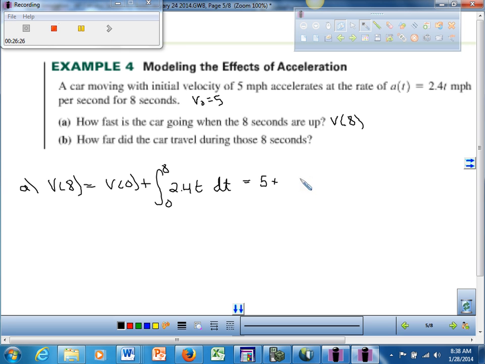So we get 1.2t squared from 0 to 8. So 5 plus 1.2 times 64 minus 1.2 times 0. What do we get?